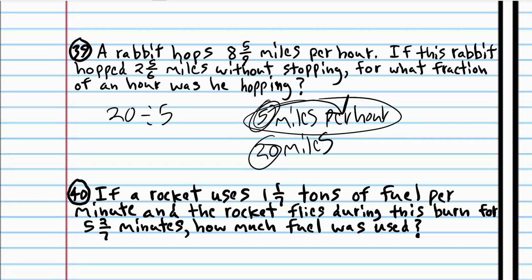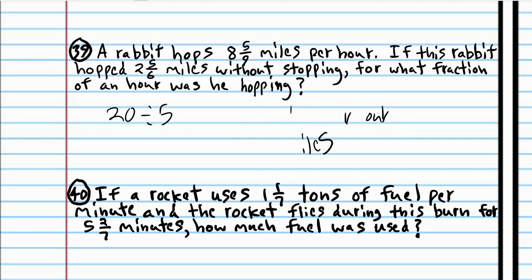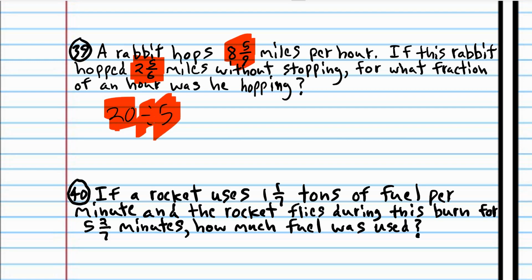So you're just taking 20 and dividing it by 5. I shouldn't have erased all that stuff. You're taking this number, which we turned to 20, and dividing it by this number. So that's how you tell what to do. If we multiplied those, obviously that wouldn't make any sense.